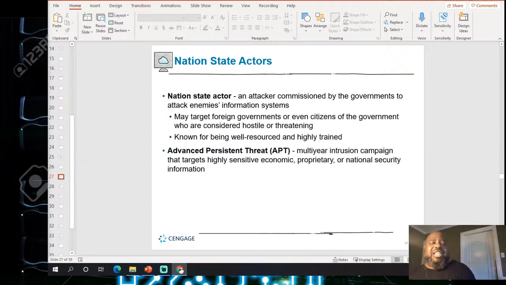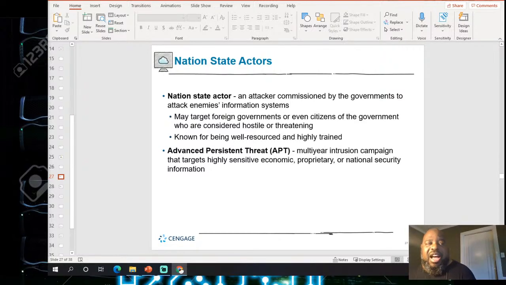So this is the big one. Nation state actors: attackers commissioned by the government to attack enemies and information systems. They may target foreign governments or even citizens the government considers hostile or threatening. Known for being well resourced and highly trained, advanced persistent threat, multi-year intrusion campaigns that target highly sensitive economic, proprietary, and national secret information.